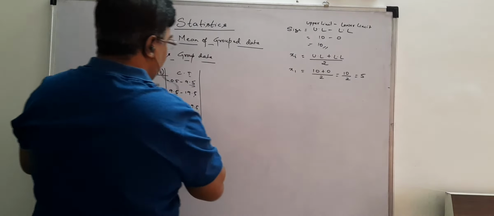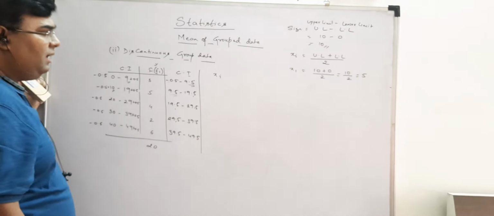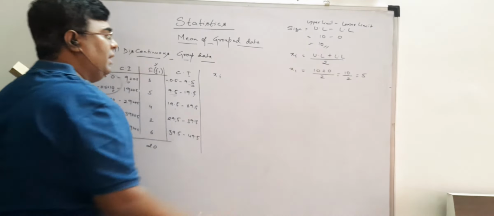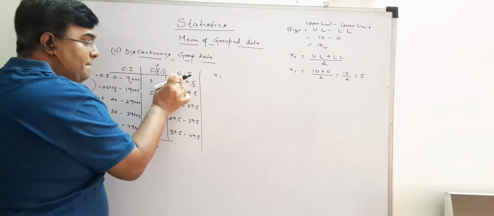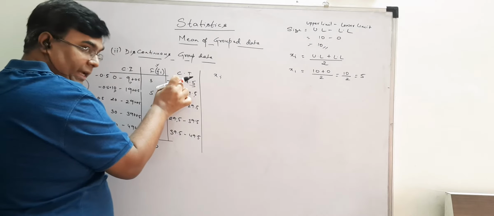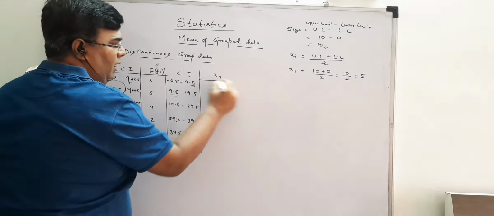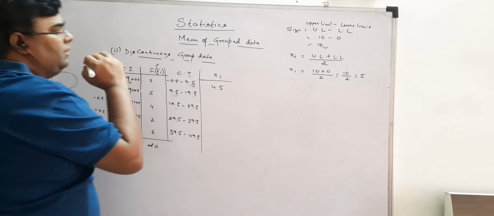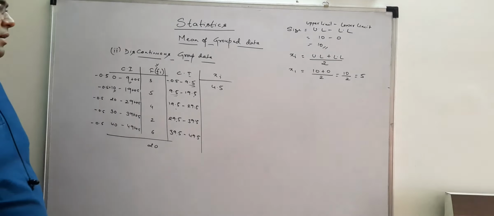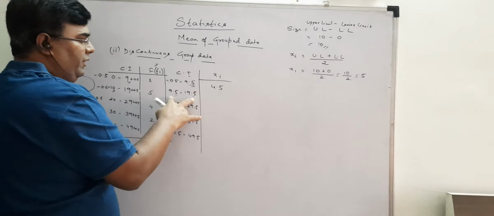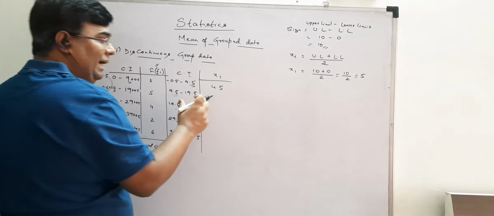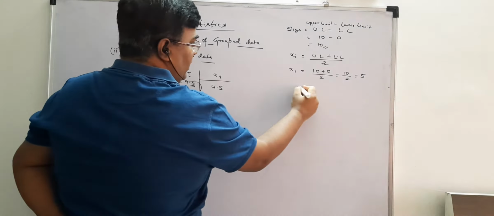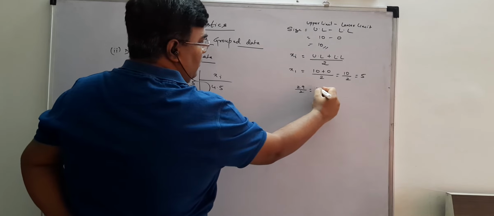We need to find xi, and how do we find xi? By adding upper limit plus lower limit and dividing by 2. So 9.5 minus 0.5 becomes 9, and on average it becomes 4.5. In a similar manner, 19.5 plus 9.5 comes to 29, and if you divide 29 by 2, you get 14.5.